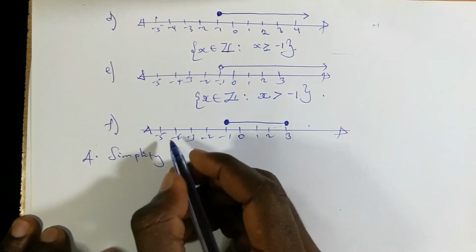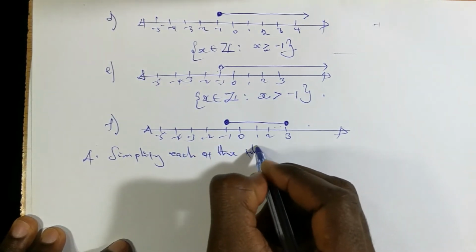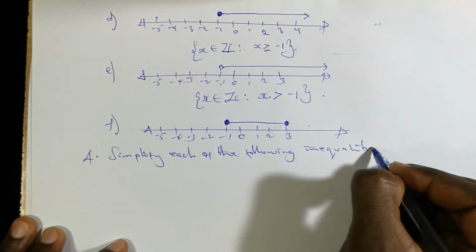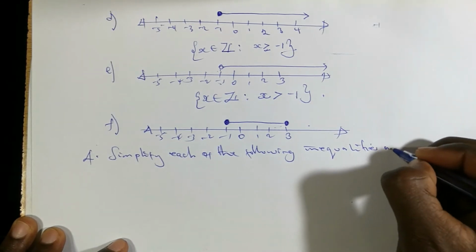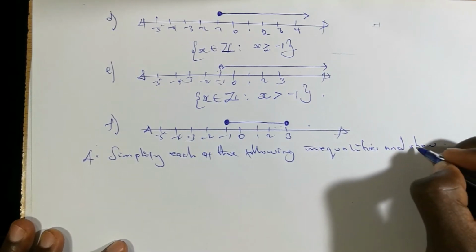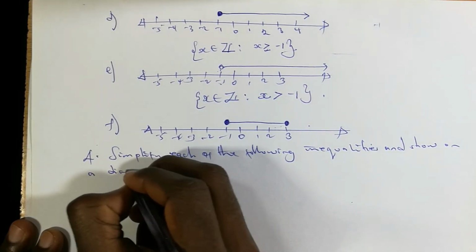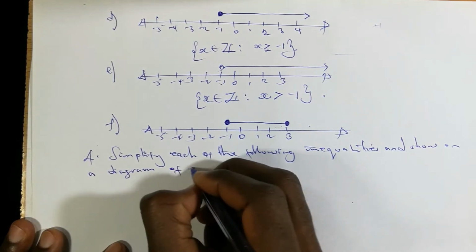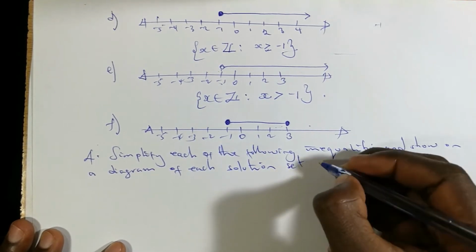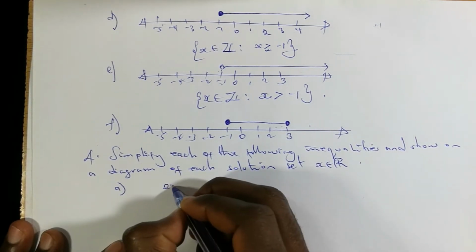Simplify each of the following inequalities and show each solution set on a diagram, x being a real set of numbers. A, you have 2, that.